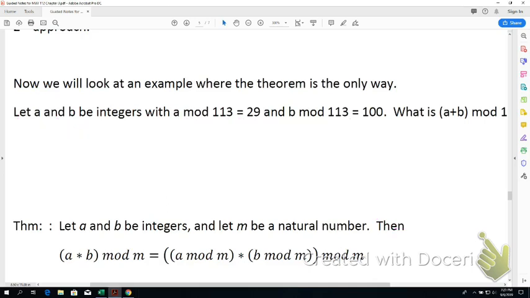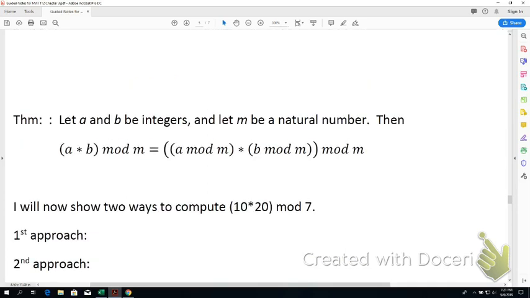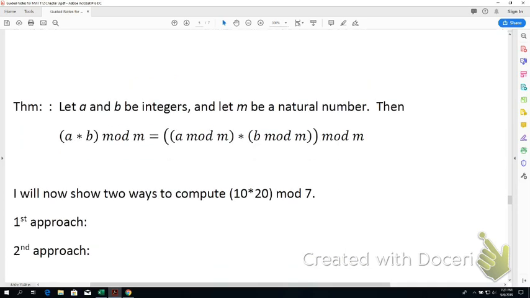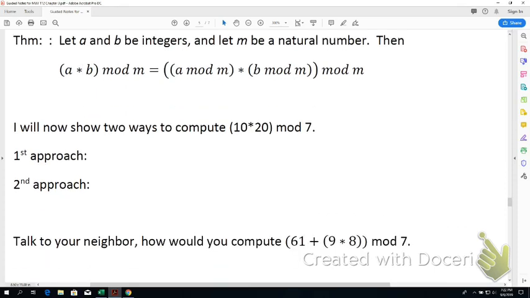So let's continue on. The next theorem we see looks very similar, but what do you notice? Oh, there's a multiplication here instead of an addition. Remember that multiplication is repeated addition, so we can use that here. Okay, so we're going to do 10 times 20 mod 7.